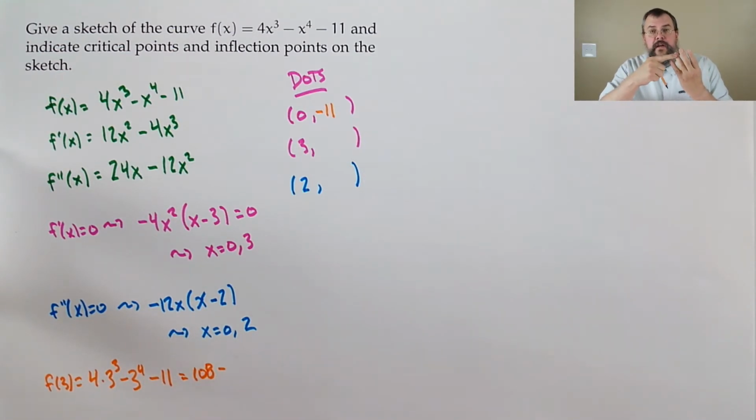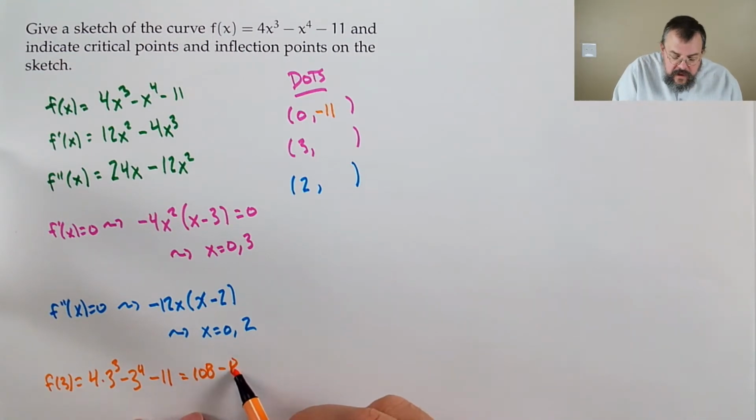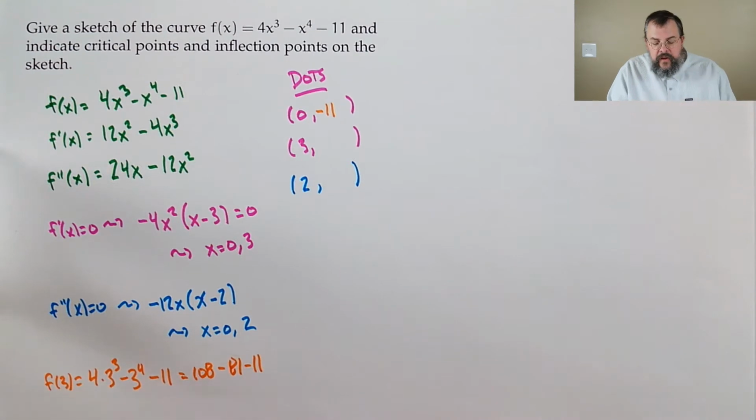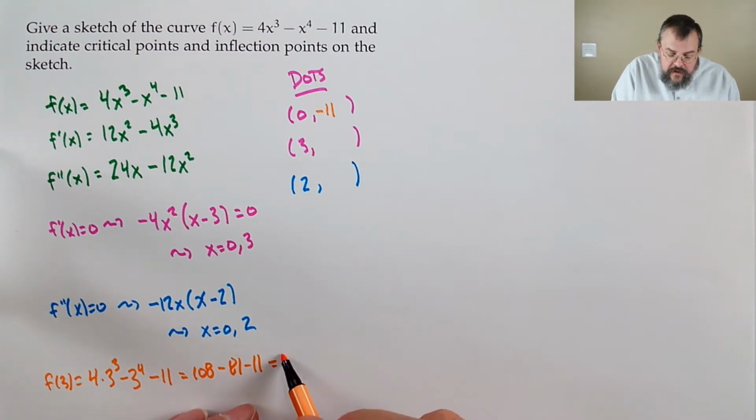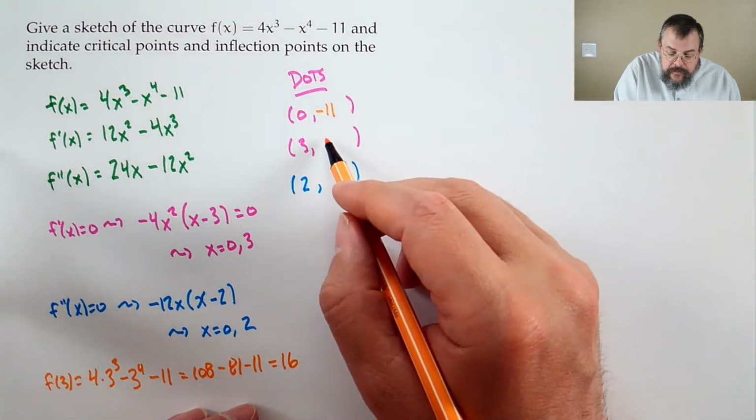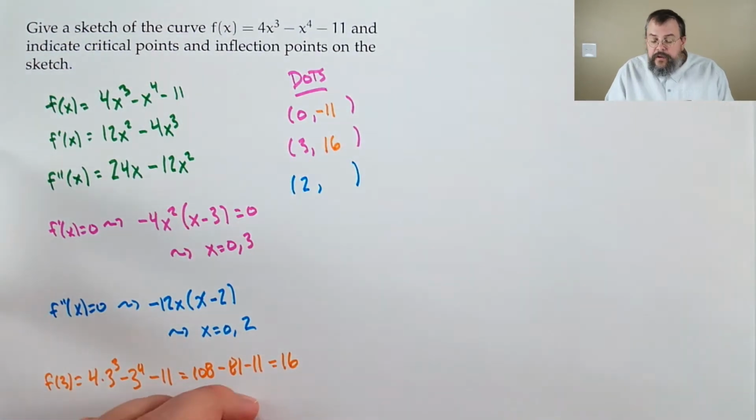So 3, 9, 27, 81. All right, so that's 81 and minus 11. So it's 108 minus 92, one way to think of it, which gets us to 16. So, all right, not so bad. Could be a lot worse.